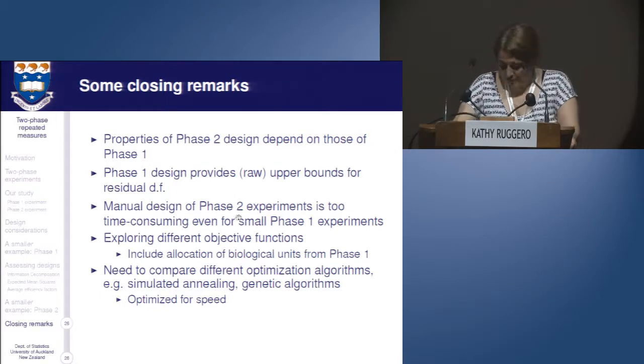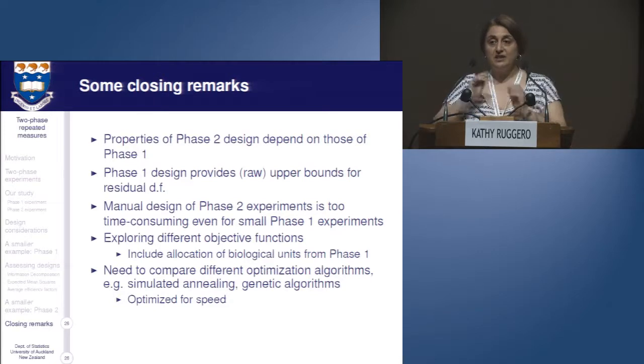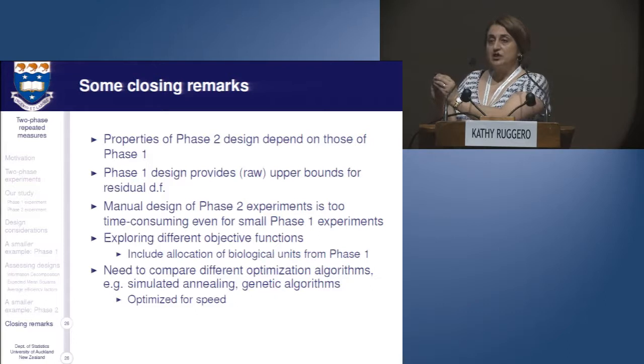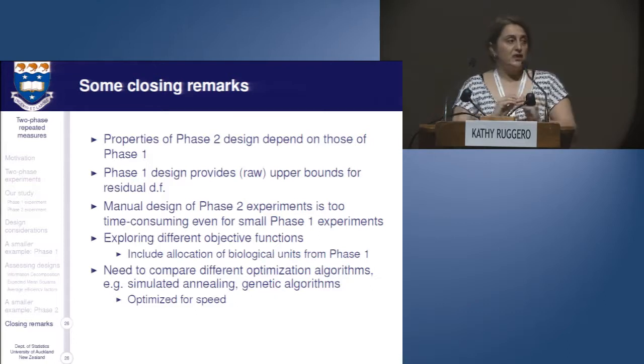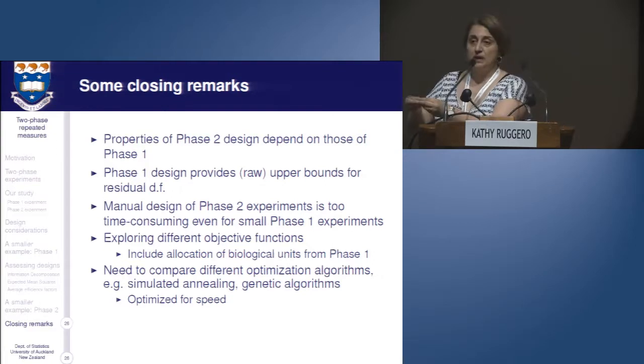The trouble, of course, is that currently we're manually designing these experiments and we have some ideas about what works and what doesn't. But what we want to do is explore different objective functions. What we found is that we need to be most concerned about treating our experimental unit as a treatment in assigning it to the phase 2 blocks. The reason for this is, especially in this context, the experimental units are carrying with them their treatments anyway.